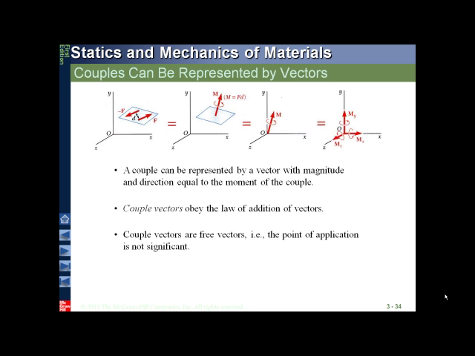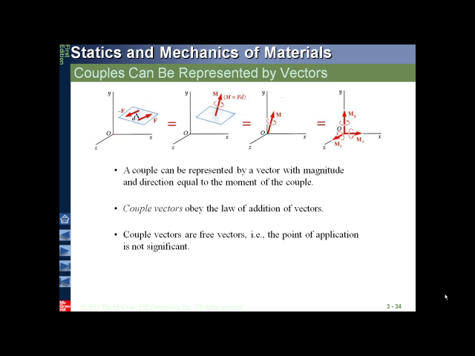And what they're showing there at the end, and we already know this, is that we can take any vector that might not be purely in the XY plane or the YZ plane, and resolve it into an X moment, a Y moment, and a Z moment. So with couples, the actual point of application is not all that important because they're free vectors.